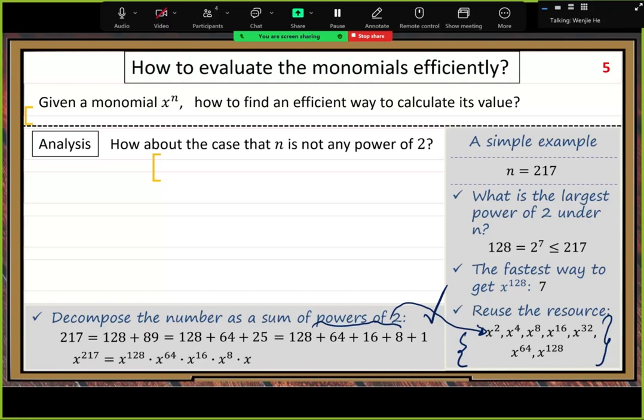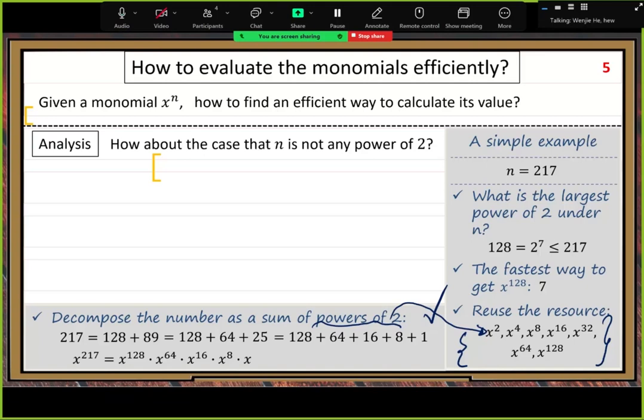This time I write the final round of multiplications. The monomial x to the 217 on the left-hand side equals, first, the power-of-2 monomial x to the 128th. Second, x to the 64. Third, x to the 16th. Next, x to the 8th, then x.